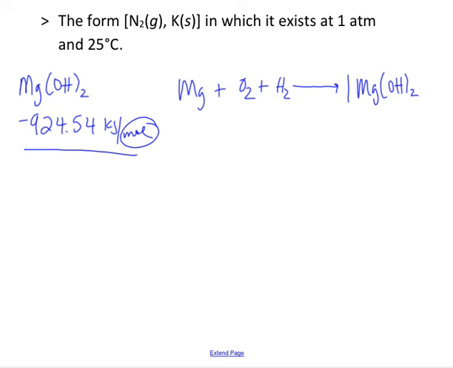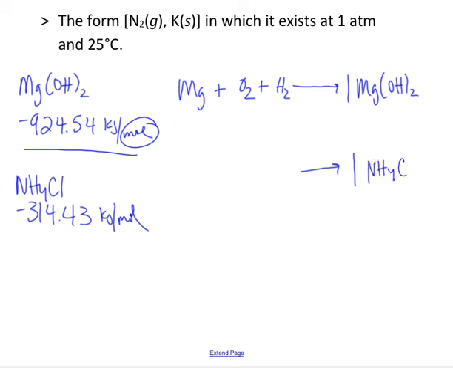So let's do ammonium chloride solid. NH4Cl has a heat of formation of negative 314.43. If I were to ask you to write a heat of formation equation for that, we're going to form 1 mole of NH4Cl. So what elements make that up?